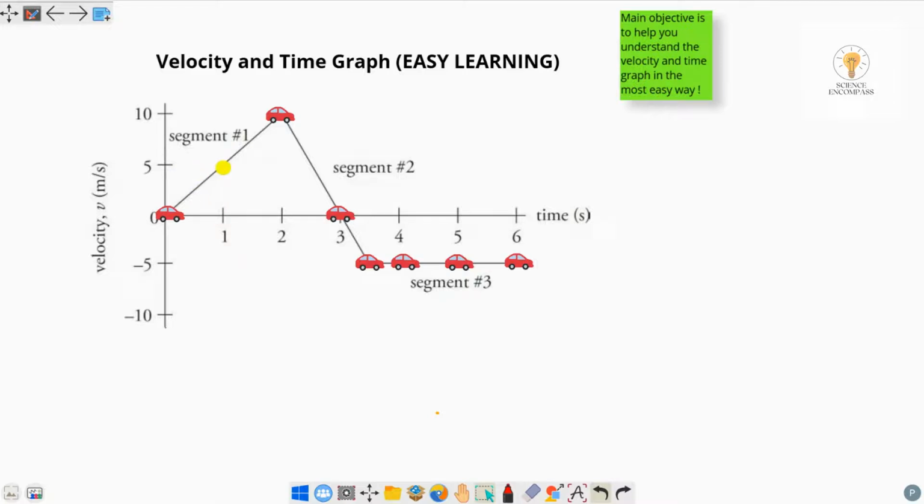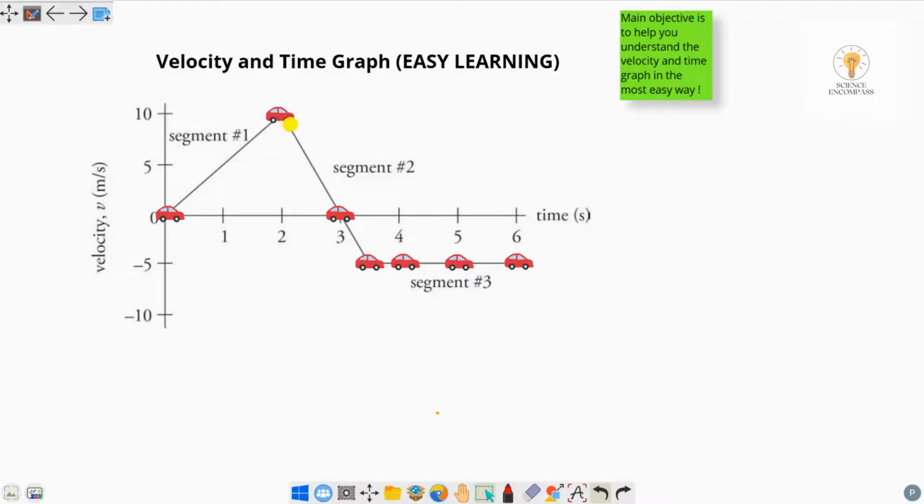That's what it means. And as the car continues to move, the velocity increases, as you can see in the graph. So this is 5, and then it goes to 6 meters per second, 7 meters per second, 8, 9, 10. And at time 2 seconds, the car reaches a velocity of 10 meters per second.